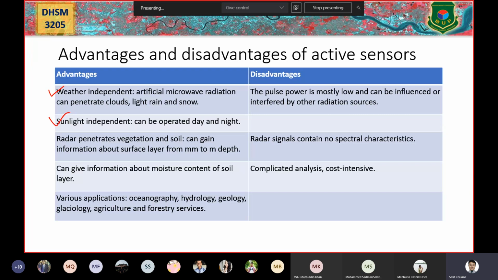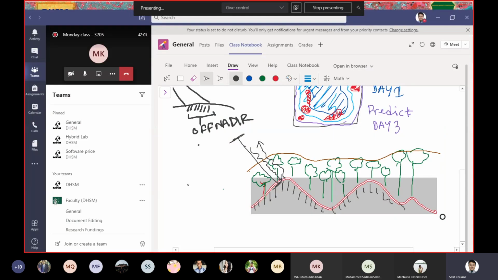Now there are some potential problems. If you have noticed, the canopy that I have drawn has gaps between them, so that means they are not dense. But if you have very dense vegetation, for example, the vegetation in Chittagong Hill Tracts or in Mymensingh or Sylhet, it's a forest, or the Amazon.